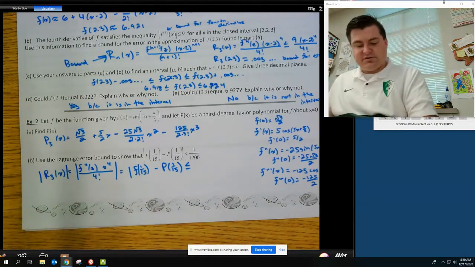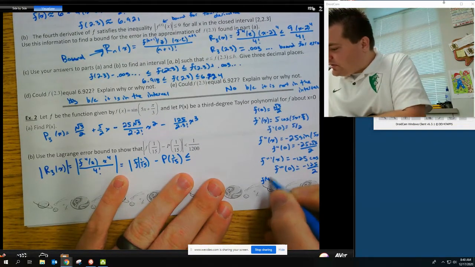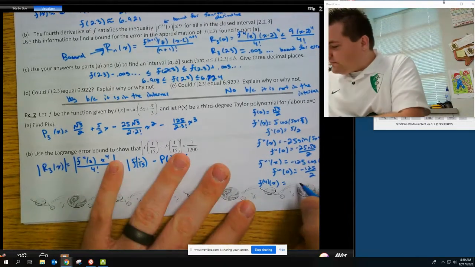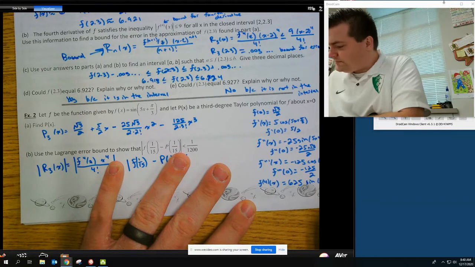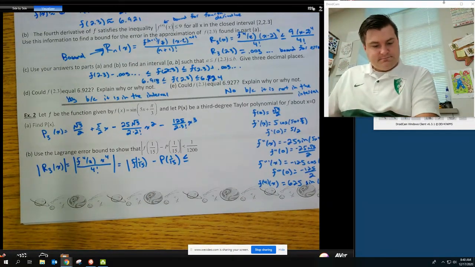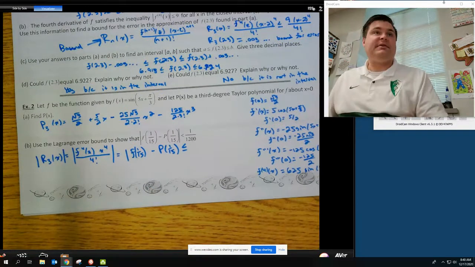If we go to the fourth derivative, I'm going to get 625 sine of 5x plus pi over 3. So the maximum value of this is going to be 625.